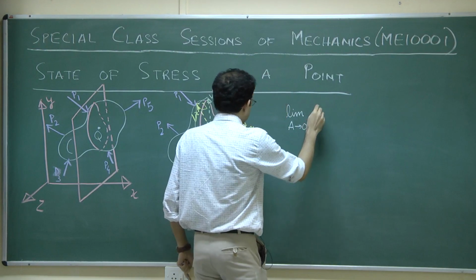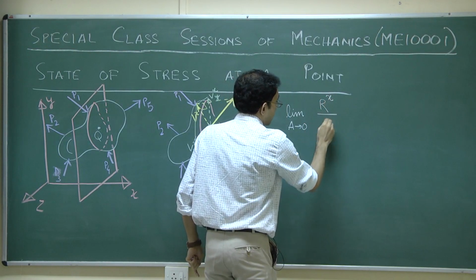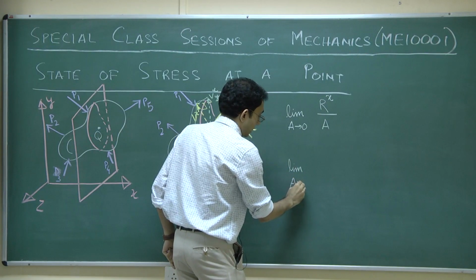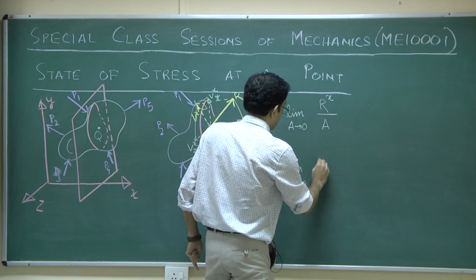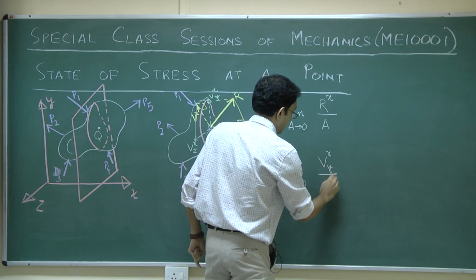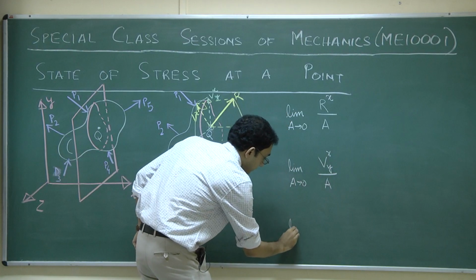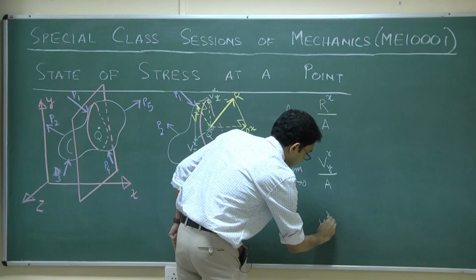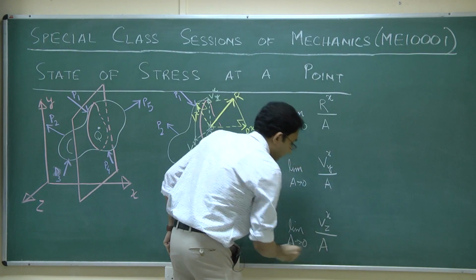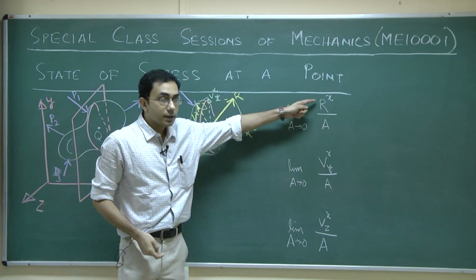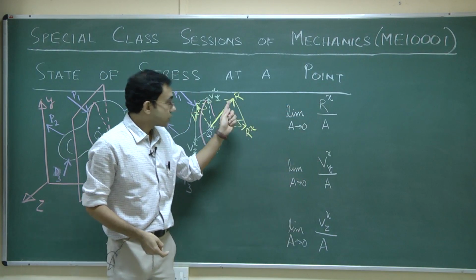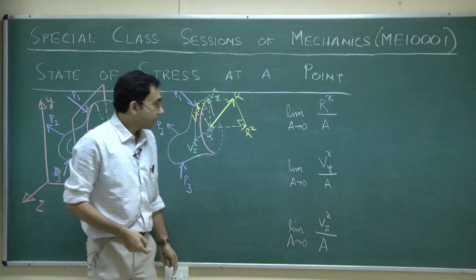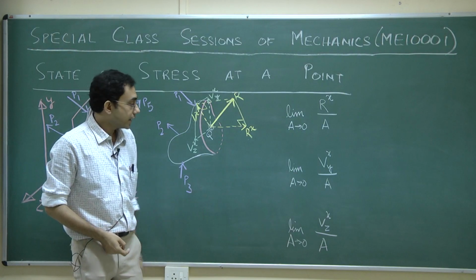Limit A tends to 0 of Rx divided by A. Basically we are taking the ratio of the force components of the original force R along the various directions with this area A, and we are letting this area A tend to 0.